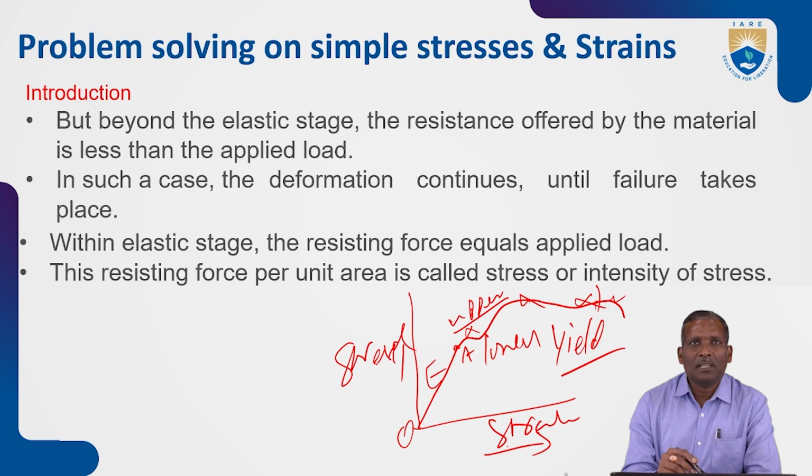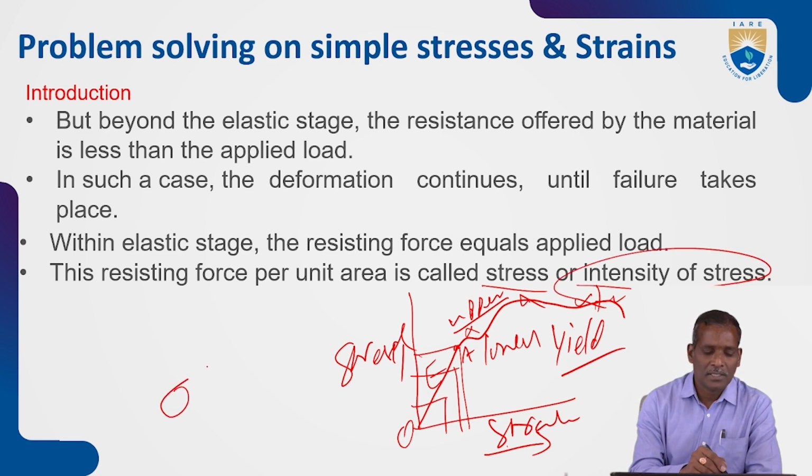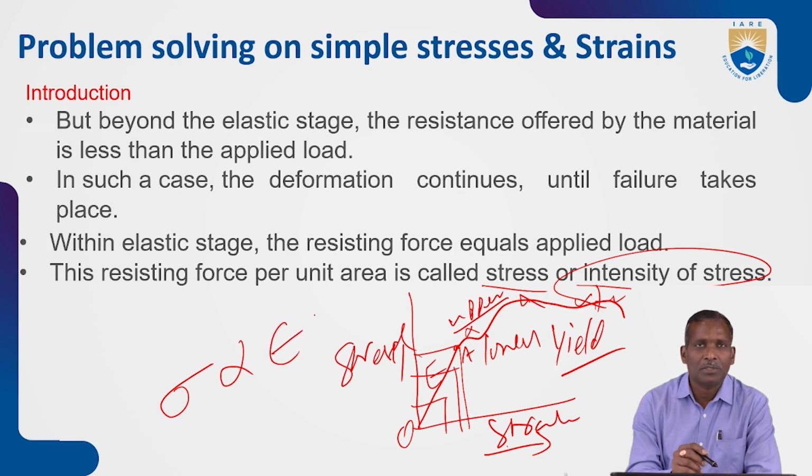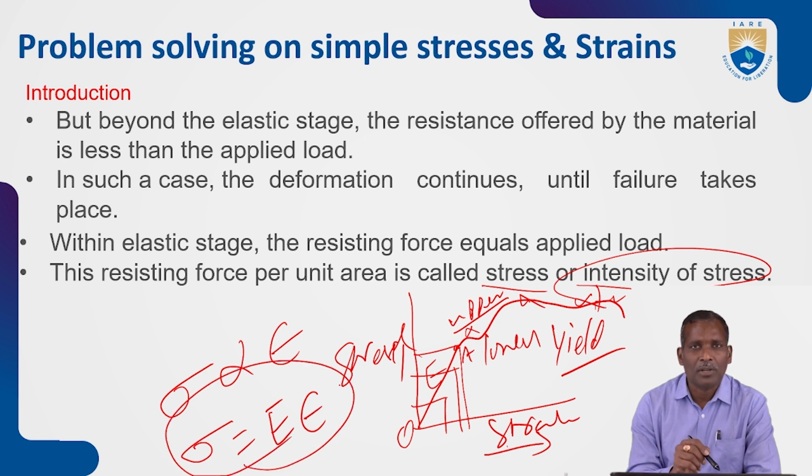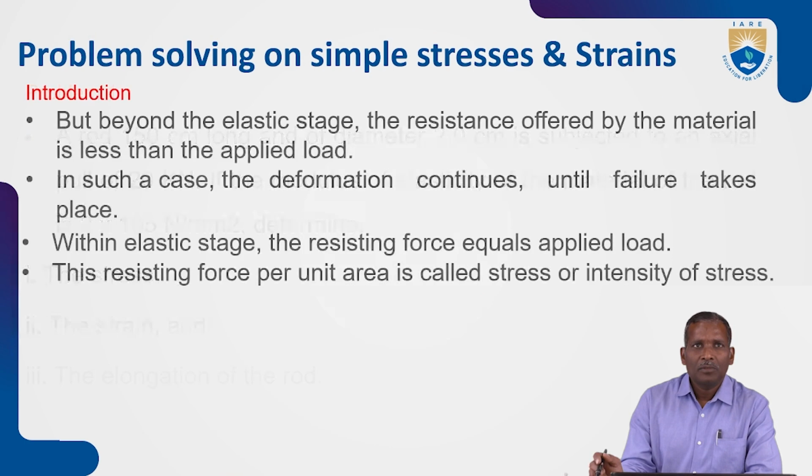Within the elastic stage, the resisting force equals the applied load. Whatever the applied load, the resistance to deformation is equal. This resisting force per unit area is called stress or intensity of stress. You know Hooke's law: stress is directly proportional to strain. So you can write stress is equal to Young's modulus E into epsilon.